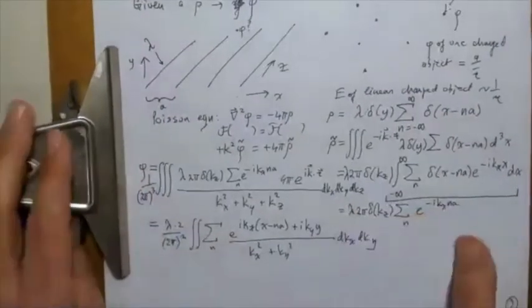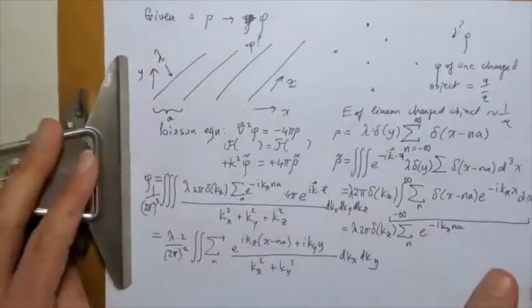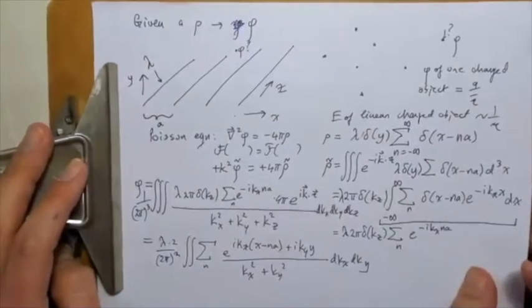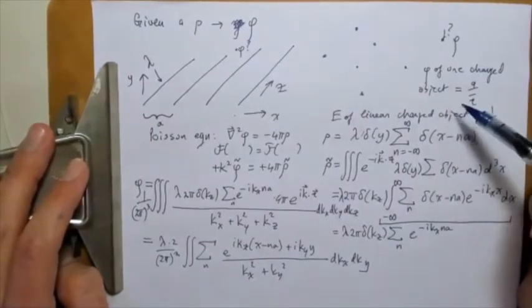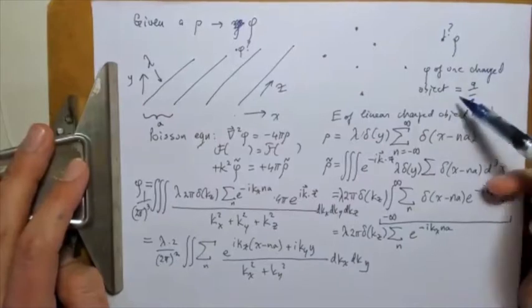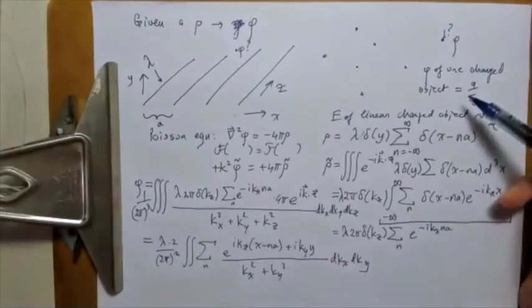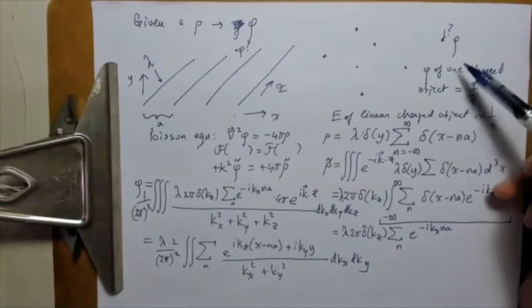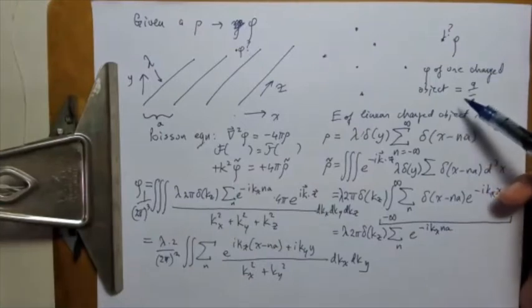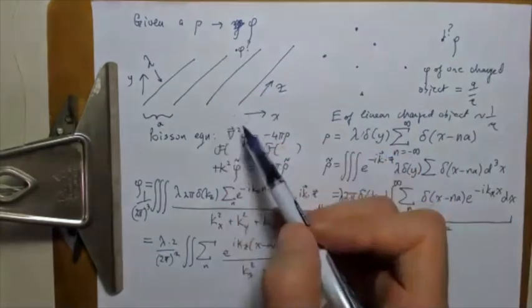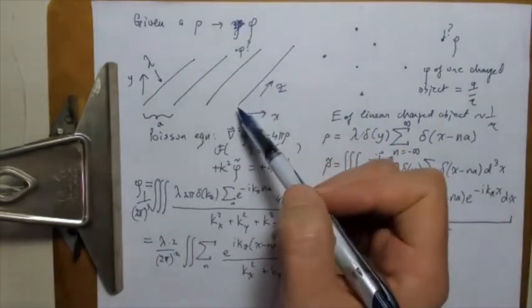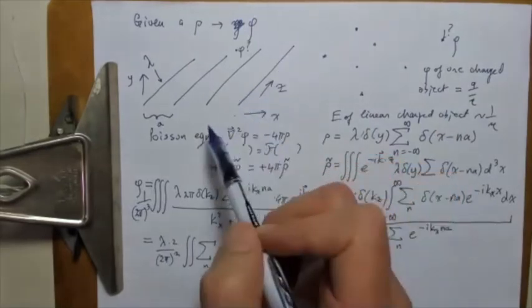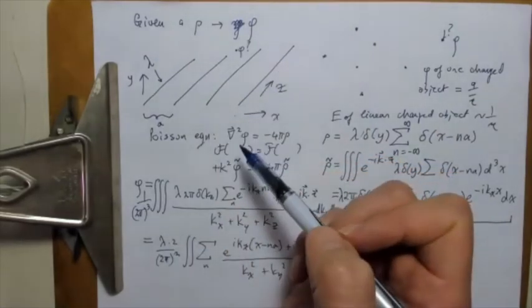So we've done this now. We've got 2 ways to find the exact solution for the potential as a function of position. One where we just use the linearity of the Poisson equation and write the potential as a sum of potentials of point charges, or you can do this through solving the Poisson equation directly, and then sometimes you run into weird things with delta functions, but it is a straightforward process.